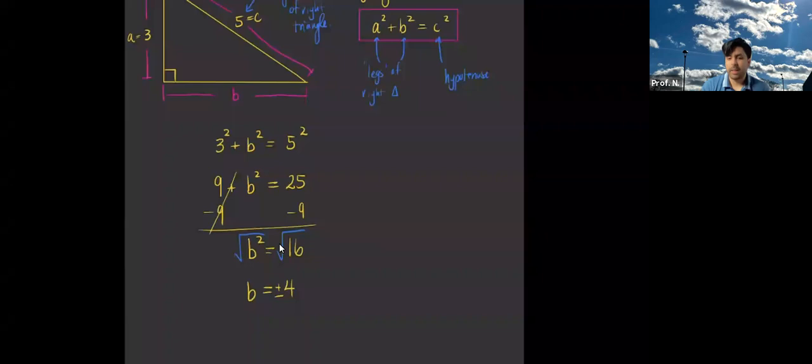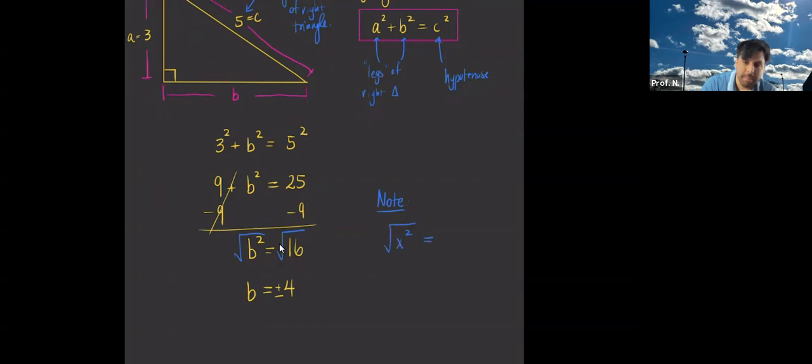You get plus or minus 4. So just keep a note on this, because this will appear again, especially when we talk about solving radical equations with square roots. So note, when you take the square root of x squared, for example, you really have plus or minus x.